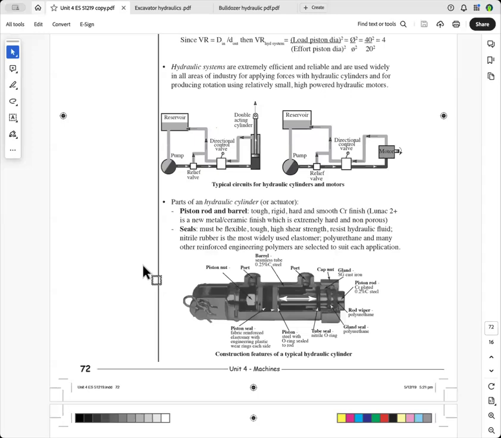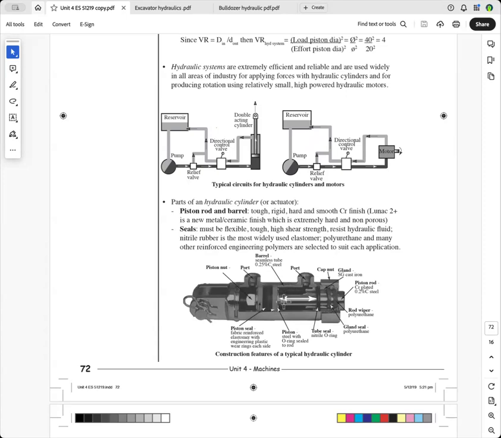When you see seals leaking, you've just got to replace them. And so here is the barrel of the cylinder, and that's generally made from stainless steel. And this is the piston here with all the seals on it. This is a wiper here that wipes away any dust that's collected there.